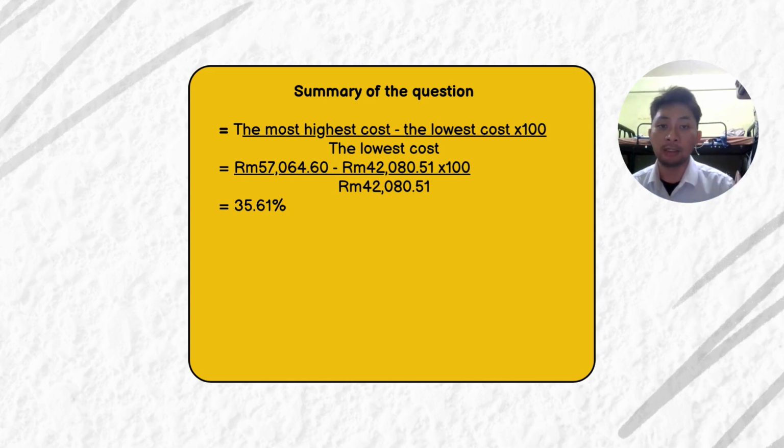We minus option A, which is the lowest one, around 42,851 cents, and then we divide it with 42,800.51 cents, and then we times it with 100. So we get 35.61% for the difference between option B and option A.